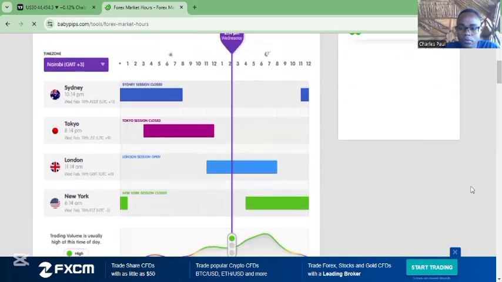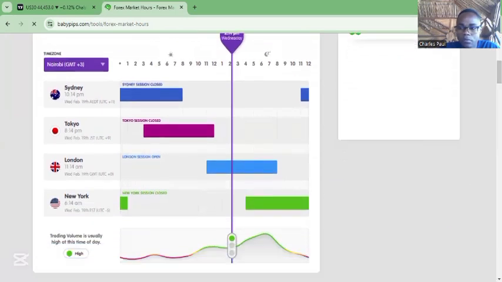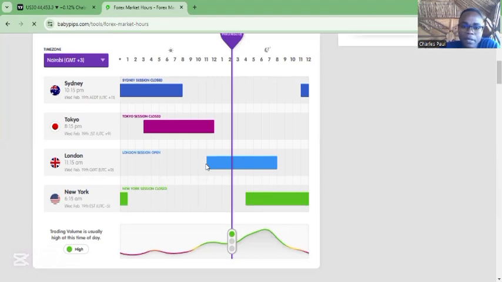So at this point, you see, this is the London session. The London session always opens from 11 a.m. and then closes at this level at 8 p.m. So at exactly this time, 11 a.m., that's where I execute this trade at London Open, where there is the highest volume and highest momentum.